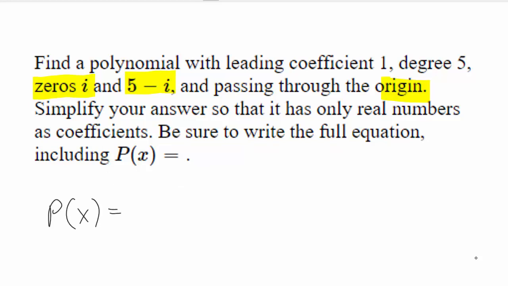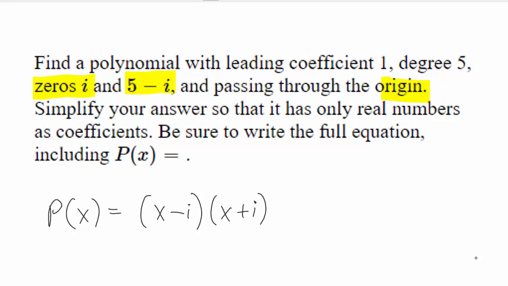Now we're going to start by writing this in factored form. We know we need to have a zero of i. Because of that, I always know my imaginary roots come in complex conjugates. So I'm going to have x minus i, but then I also have to have x plus i. I have to have the complex conjugate.